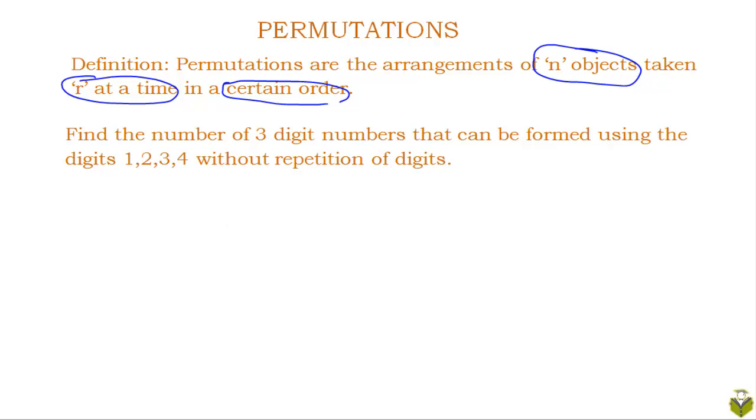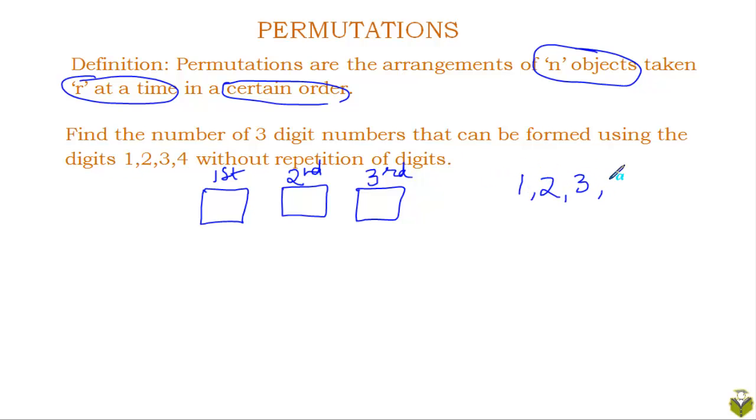So here we have to find the number of three-digit numbers that can be formed using the digits 1, 2, 3, and 4 without the repetition of digits. I will just use three boxes to represent the three digits of a three-digit number, the first, second, and third digit of that number. And what are the options we have? 1, 2, 3, and 4, right?